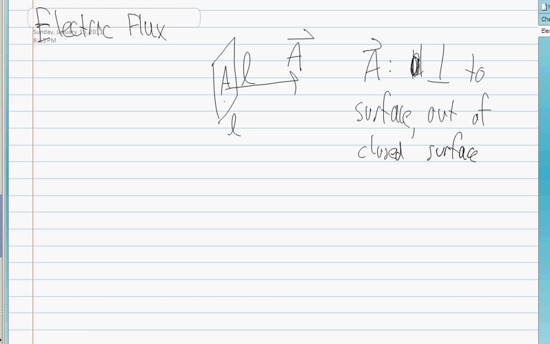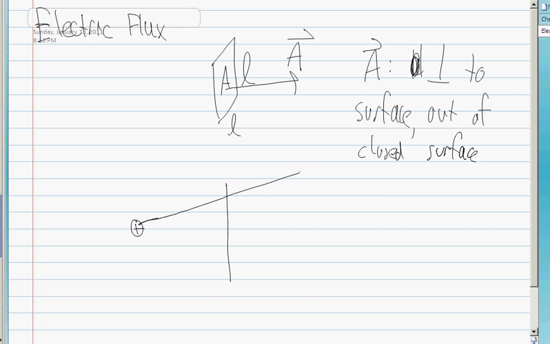There's lots of choices for a vector coming out of here, especially from a point charge. Let's say this is our point charge, and we're going to look at this as just a flat line. Well, some vectors are going to go like that. Some are going to go straight on. Some are going to go straight that way. And that makes sense.